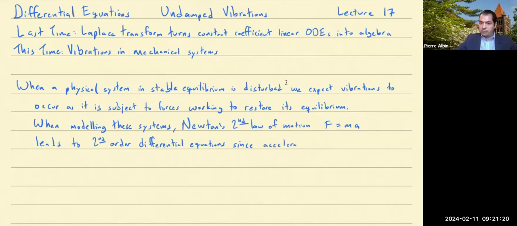Since acceleration is the second derivative of position, right? A is x double prime.